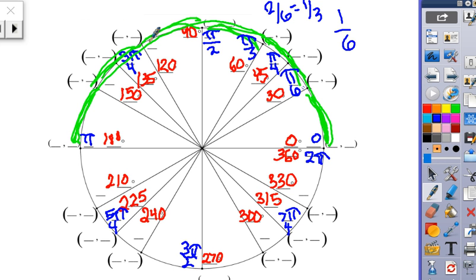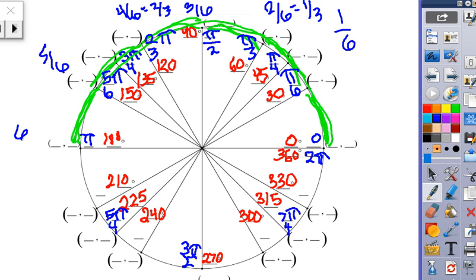A third is bigger than a sixth, remember. And then we have 3/6, which is 1/2. We have 4/6, which is 2/3. And then we have 5/6, which doesn't reduce.